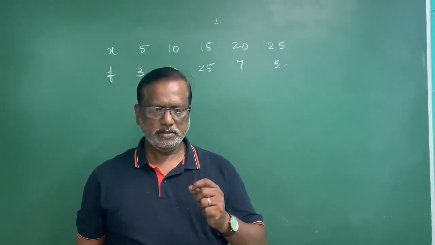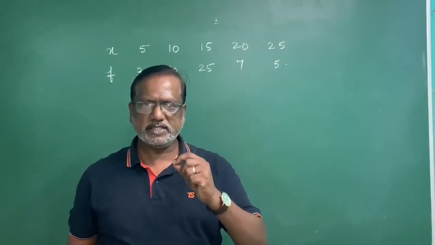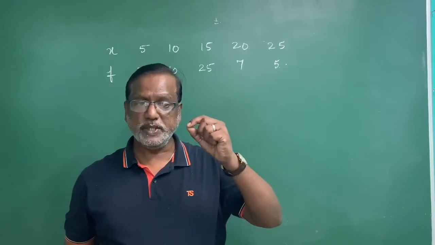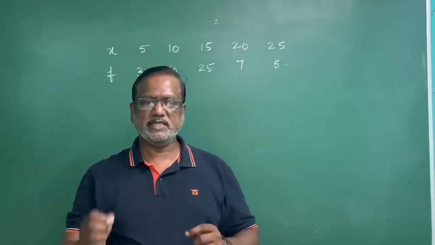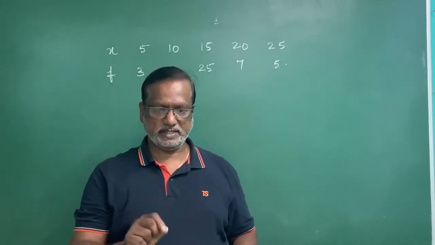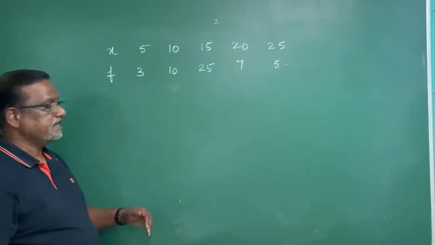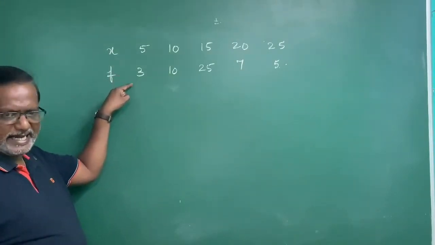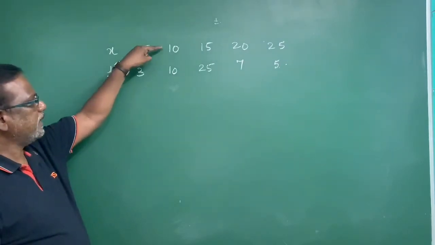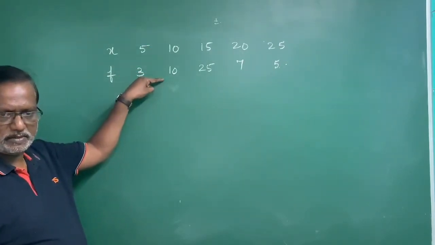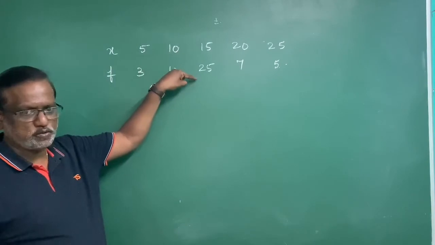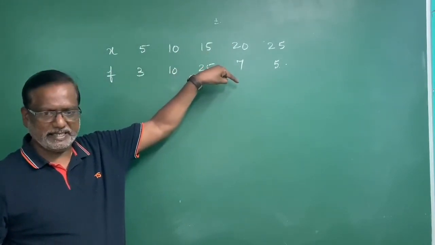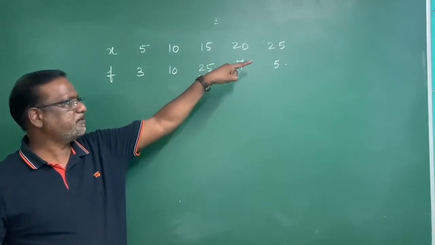But in this particular sum, we are seeing a new variable, that is f, frequencies. It means in the given data, 5 appears 3 times, 10 appears 10 times, 15 appears 25 times, 20 appears 7 times, and 25 appears 5 times.